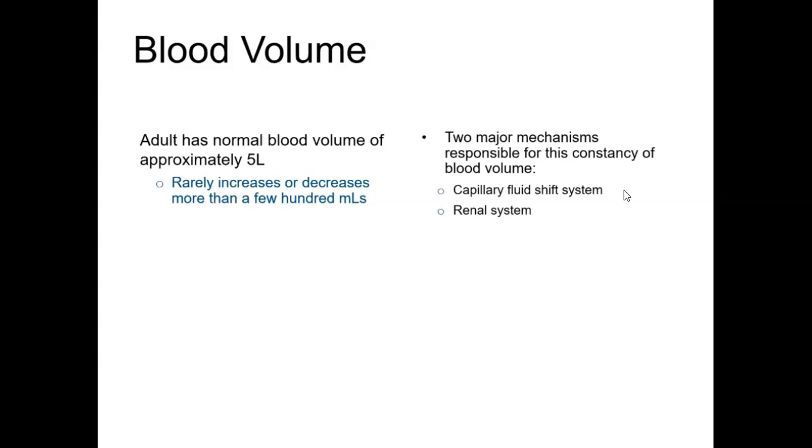So the body is kind of fascinating in the fact that it has lots of abilities to balance itself out. As it senses higher blood volumes in the left atria, it's going to route more of the blood, or more perfusion, to the kidneys to hopefully have more excretion of volume out through urine.